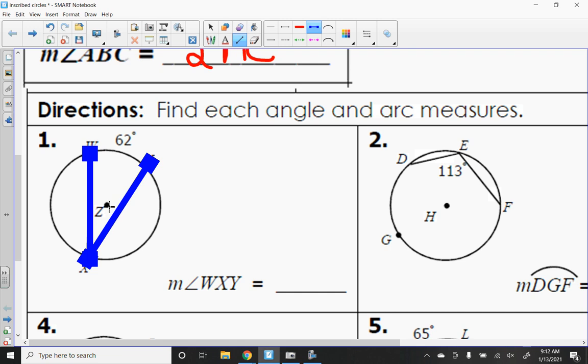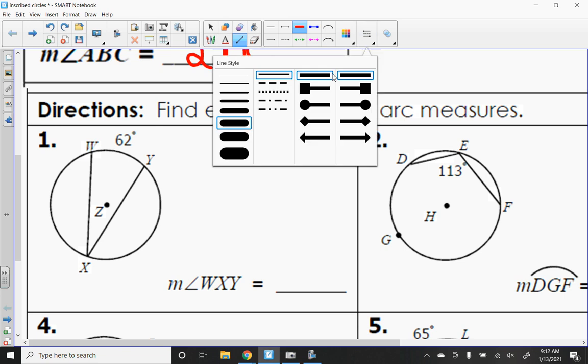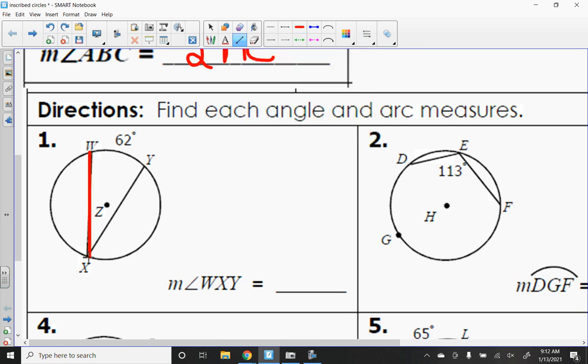Z is just the center of the circle. That doesn't have anything to do with our angle. So we're looking for this red angle. All right, that's angle WXY. So its angle measurement is this right here.